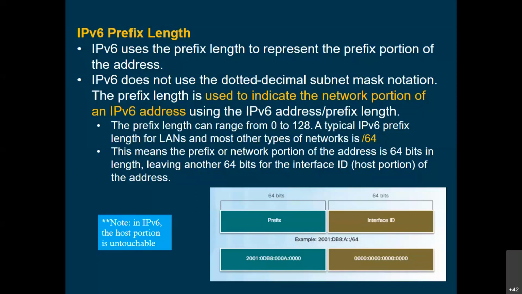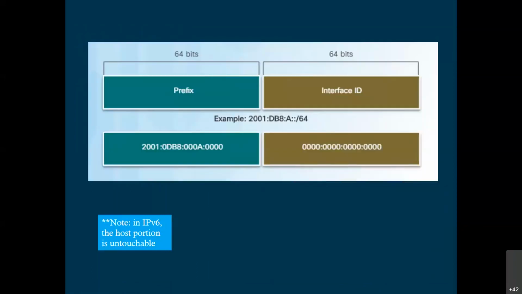In IPv6, the host portion is untouchable. You cannot change it, add to it, or do anything to it. The 64 bits remain. Okay, so how do we do subnetting in IPv6? We take from the network portion. Okay, we'll look at it in a little bit.